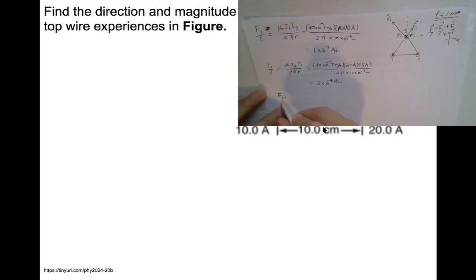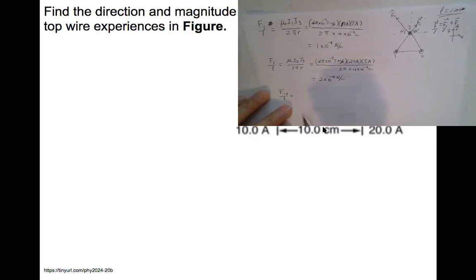So F1x should be divided by L. Again, you can assume L is equal to 1, then you are looking just at F1x. The X component should be equal to F1 over L times cosine of theta 1, which is 60. Let me just take the numbers: 1 times 10 to the minus 4, cosine of 60, that would be equal to 0.5 times 10 to the minus 4 newtons per meter.